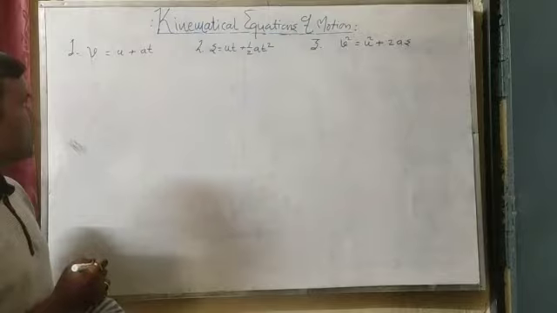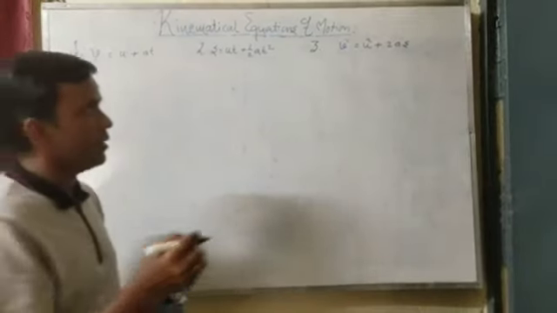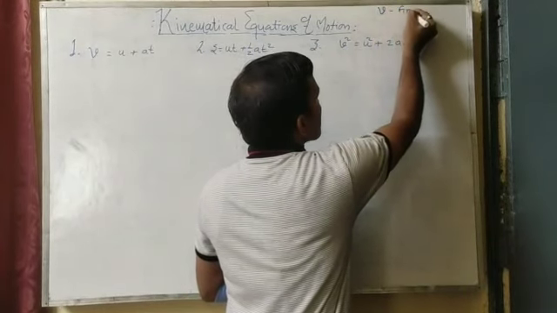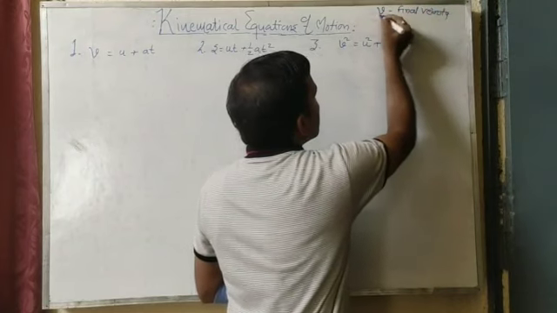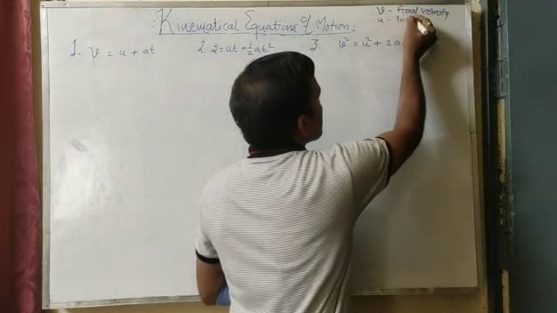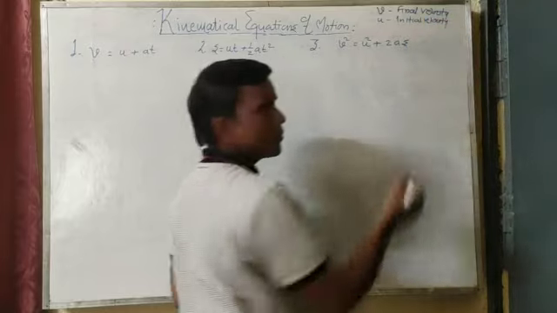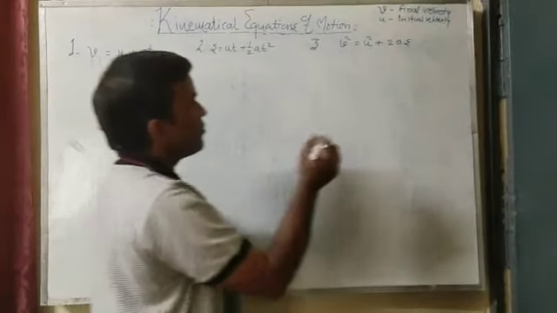Symbolic representations are: v is the final velocity. Here I will write it. v is the final velocity. u is the initial velocity. a is the acceleration.